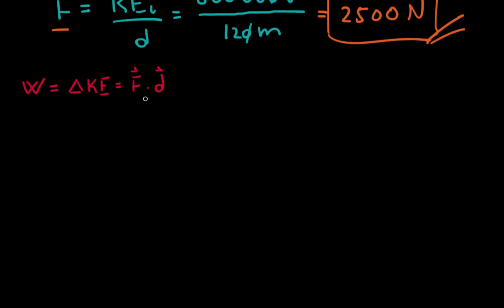Now, for this problem, this will come out to minus force times distance, no more vectors. This part here is only for this problem, because of the way the displacement and the force vectors point.